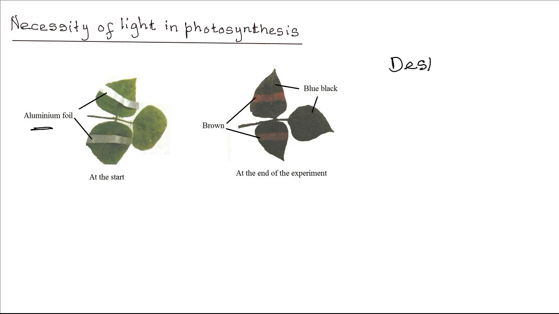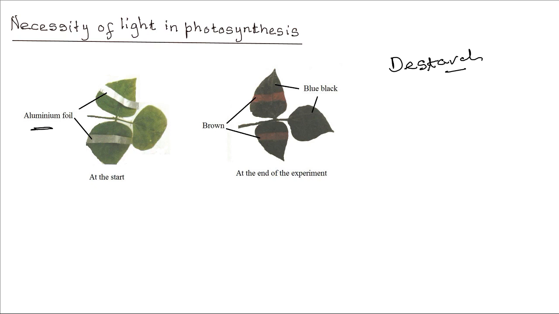This is how the leaf would look at the end of the experiment. You can see that the parts of the leaves that were uncovered, that is the exposed green parts, carried out photosynthesis and were able to form starch.